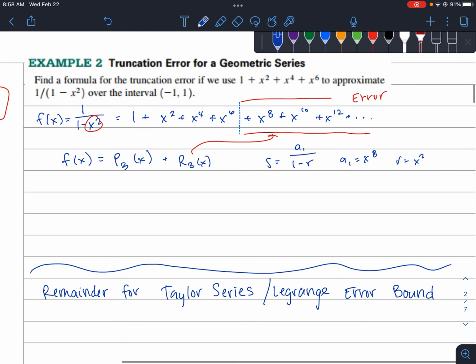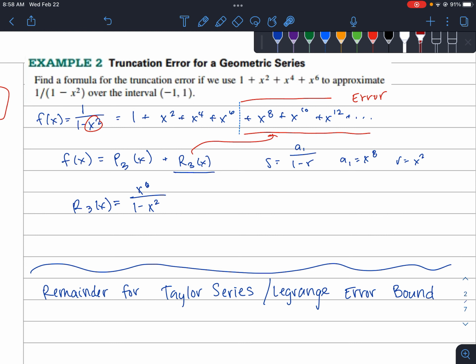So R3, which is my truncation error, I can actually find an exact equation that sums up the error. And that's going to be equal to x to the 8th divided by 1 minus x squared. And there you go.